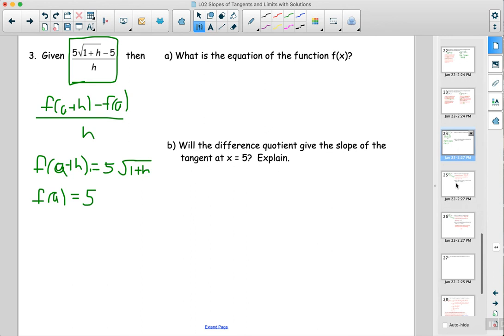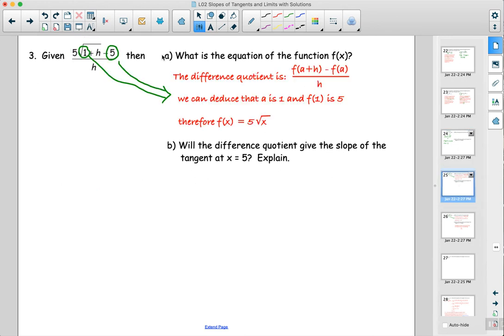I'm just going to move forward here. I've shown you what f at a plus h and f at a are. So I can now determine that that 1 is my a, so there is a. So I know that f at 1 plus h is 5 times the square root of 1 plus h.